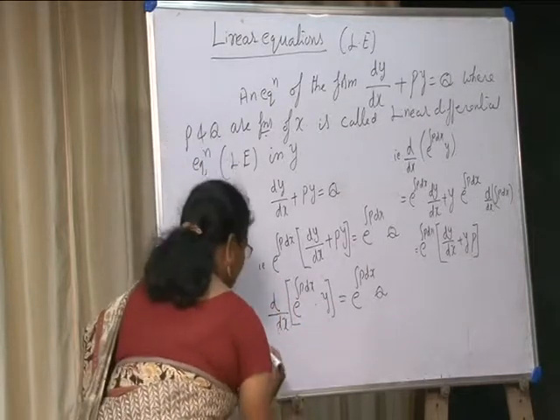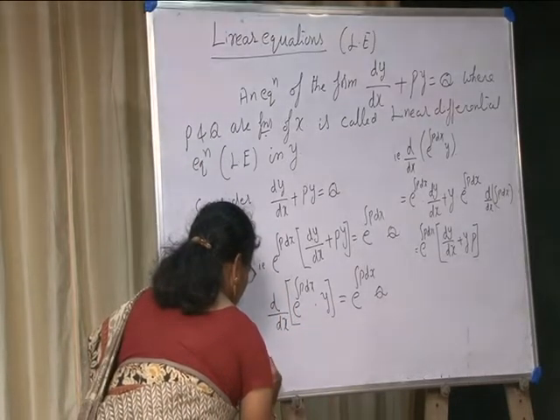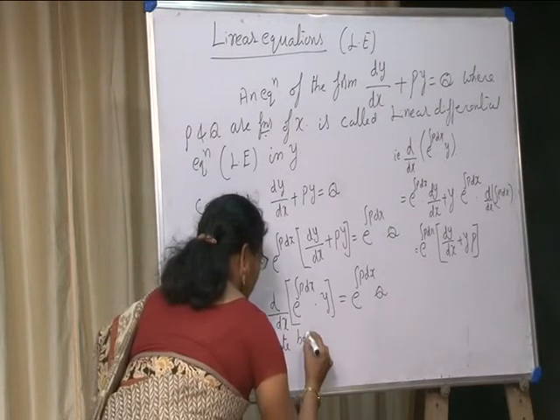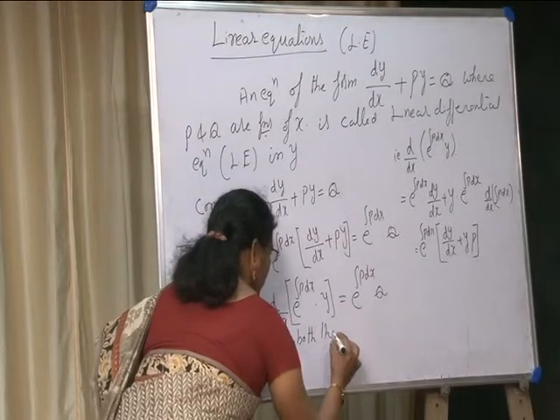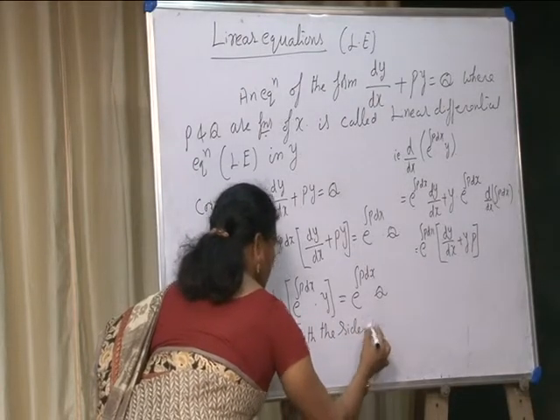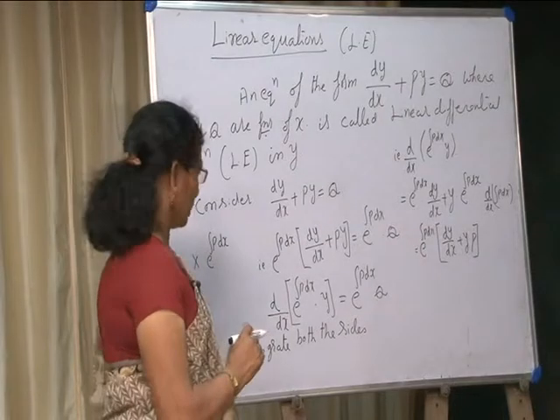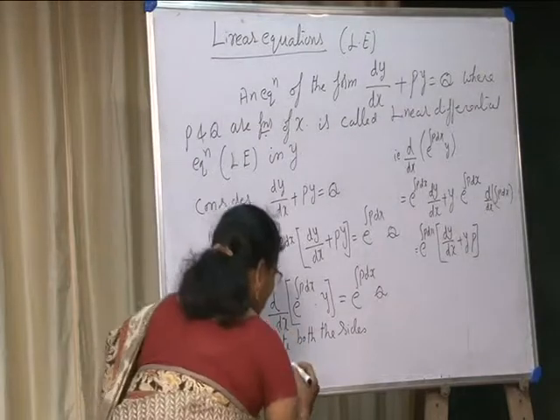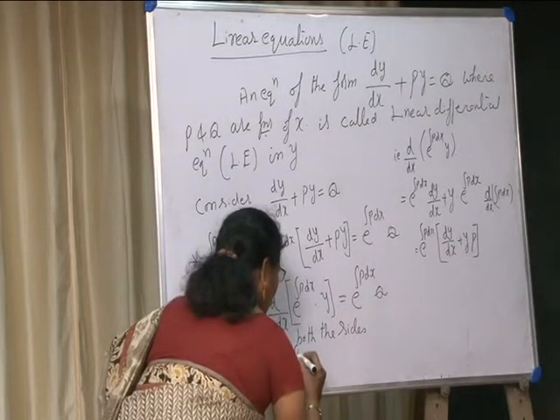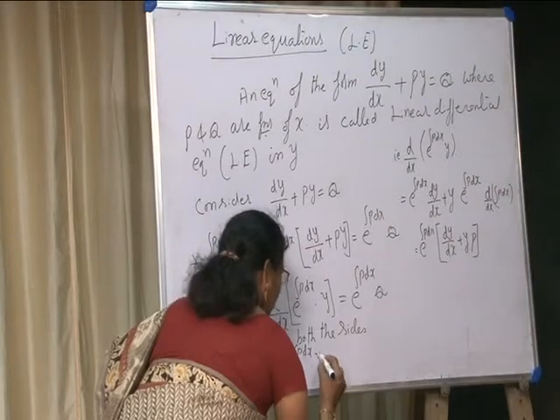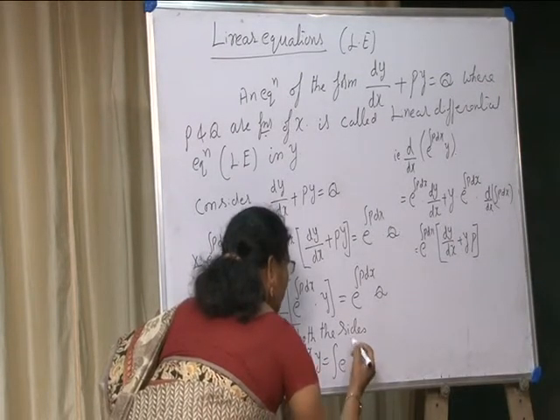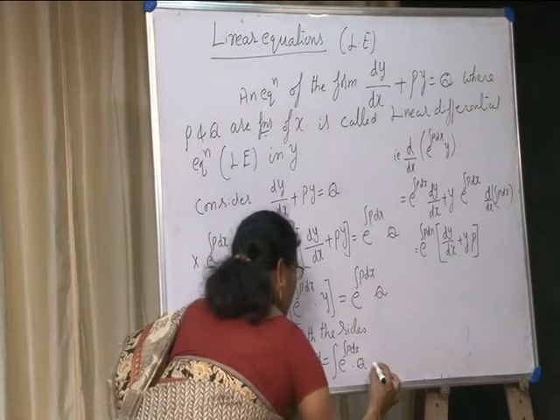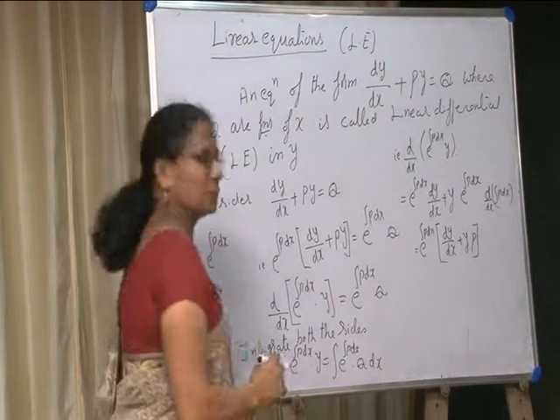Integrate both the sides. If we integrate this, integration and differentiation get cancelled: e to the power of integral of p dx into y is equal to the integration of e to the power of integral of p dx into q with respect to x.